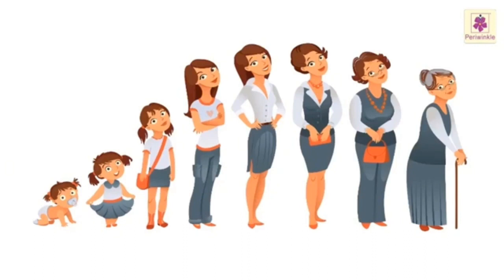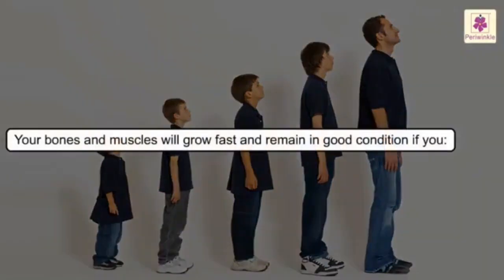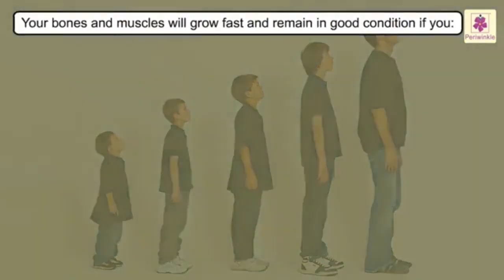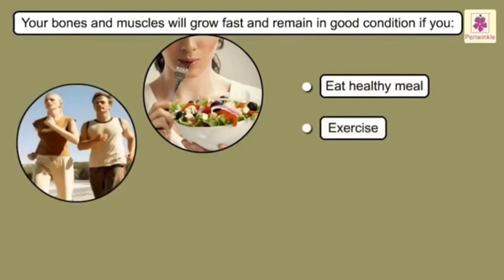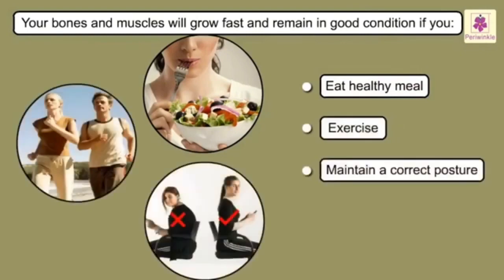When we grow, it is actually our bones and muscles growing. We can make sure that our bones and muscles grow fast and remain in very good condition by eating a healthy meal, exercising, and maintaining a correct posture.